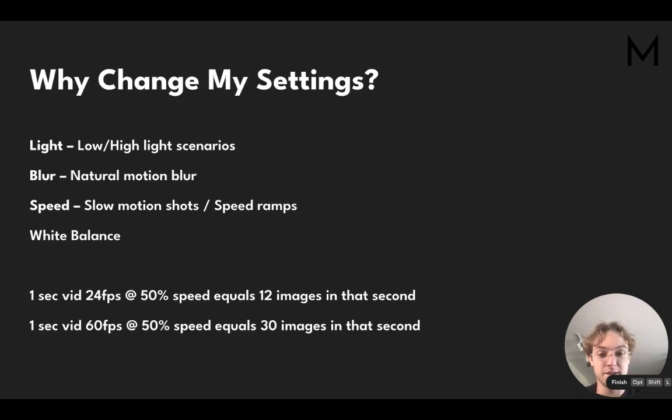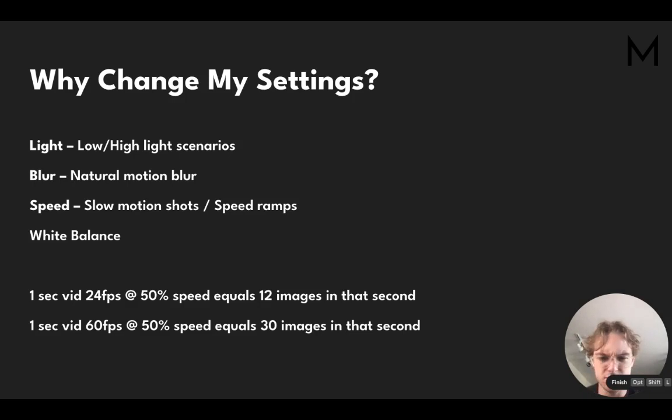You can see how much more information and how much more jittery it's going to look if you're shown 12 images in that second or 30 images in that second. Almost a 3 times increase in the amount of unique frames.